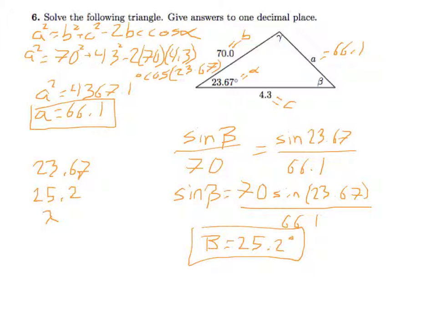We need all those to add up to 180. So let's add our alpha and our beta together and then subtract that from 180. I'm just going to skip this because it's basic addition and subtraction. For gamma, we get 131.1 degrees. So in order to find the remaining angle, add up the two angle measures we know and subtract that from 180, and that's how we got our gamma. And I cannot draw a gamma. I apologize for that.